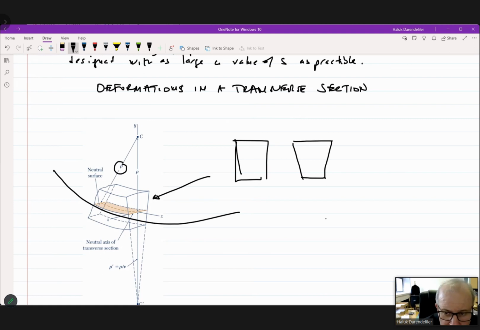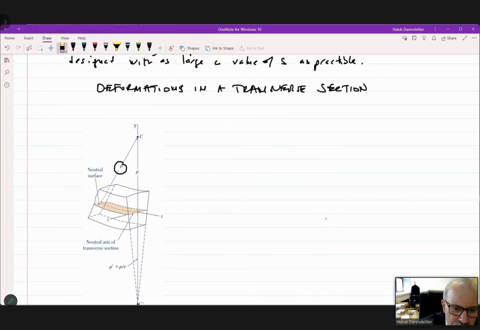And because of that, you end up with a different curvature, which is defined by rho prime. This is called anticlastic curvature. We are not going to use this very frequently in our courses, but just know that. So rho is the rho that we know.